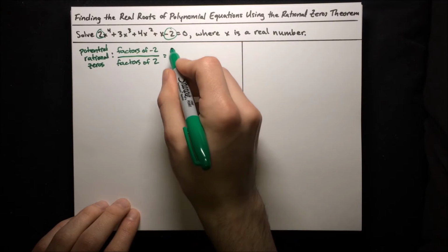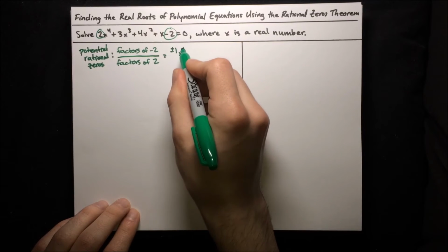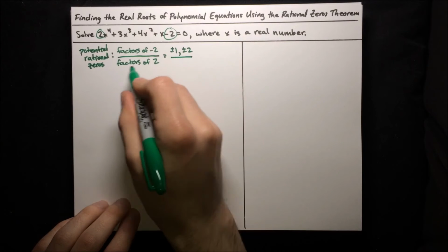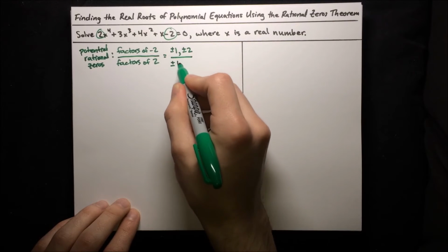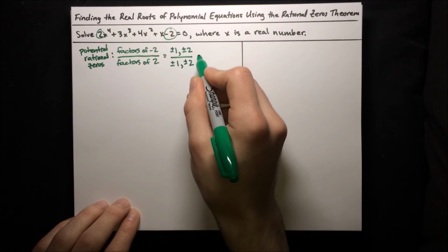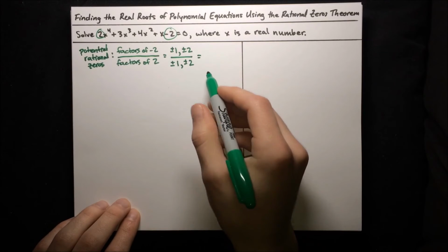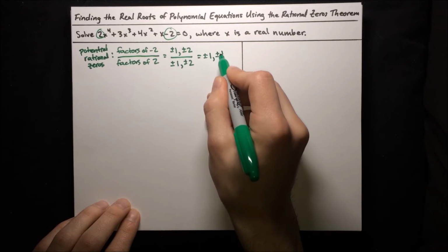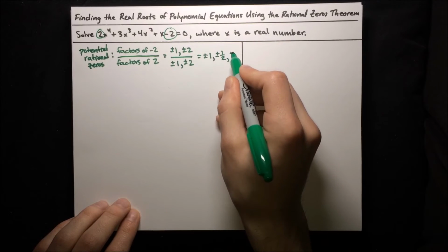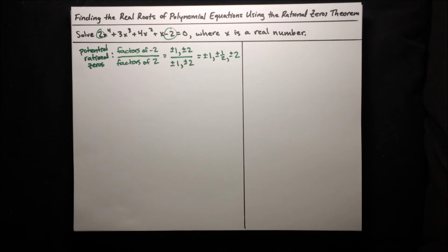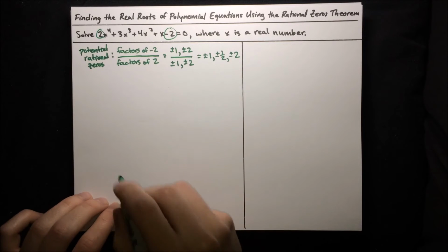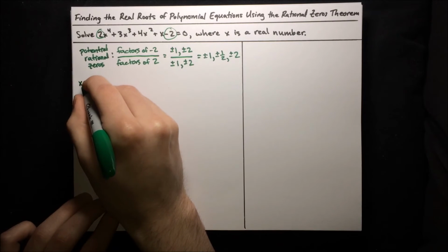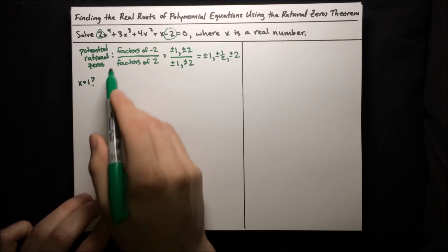Factors of negative 2 are plus or minus 1, plus or minus 2, and factors of 2 are again plus or minus 1, plus or minus 2. Considering all these possible combinations, it's either plus or minus 1, plus or minus a half, or plus or minus 2. Let's go down the line testing the possibilities. How about x equals 1? Is that a 0?